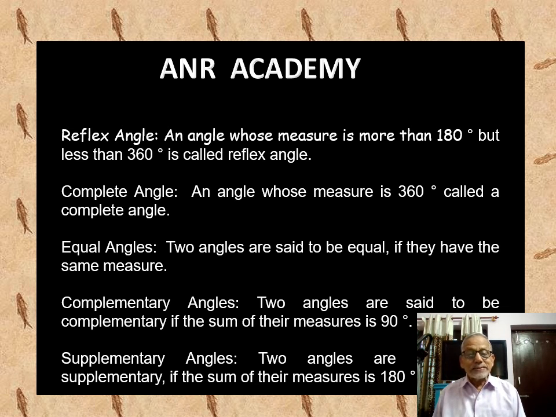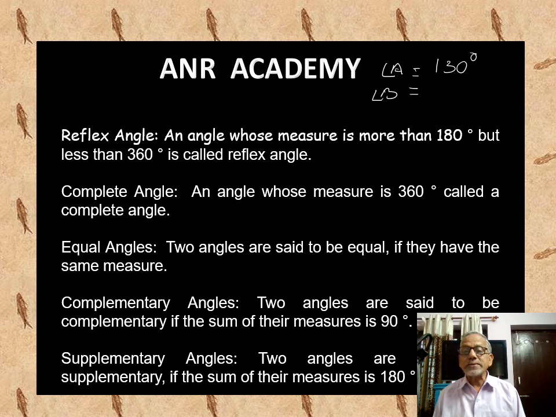Two angles are said to be supplementary if the sum of their measures is 180 degrees. So suppose two angles are given, angle A and angle B. Angle A measures 130 degrees.